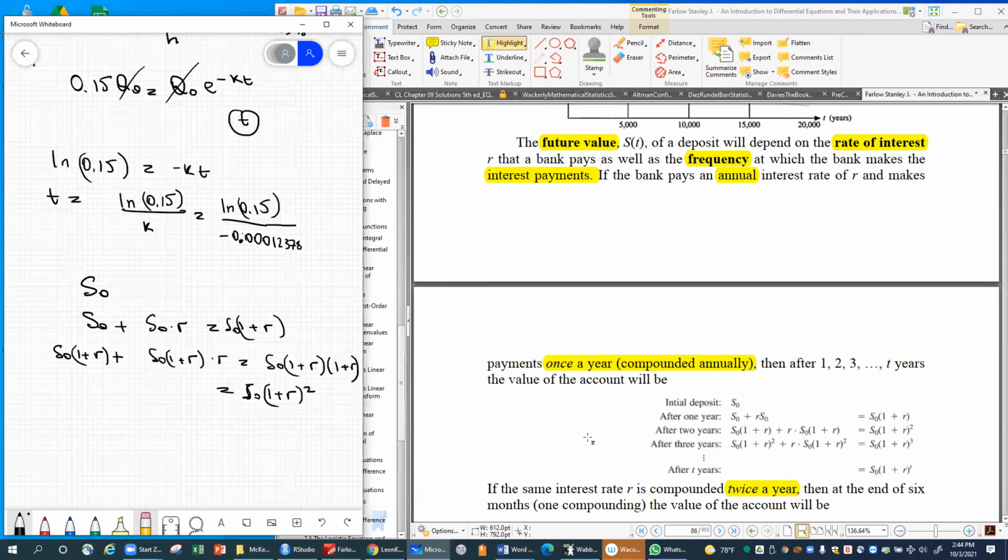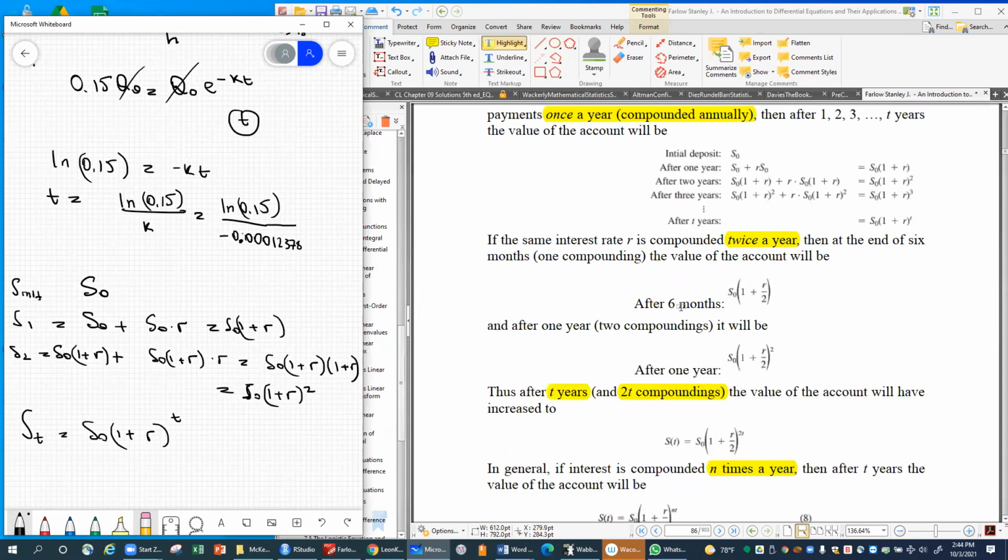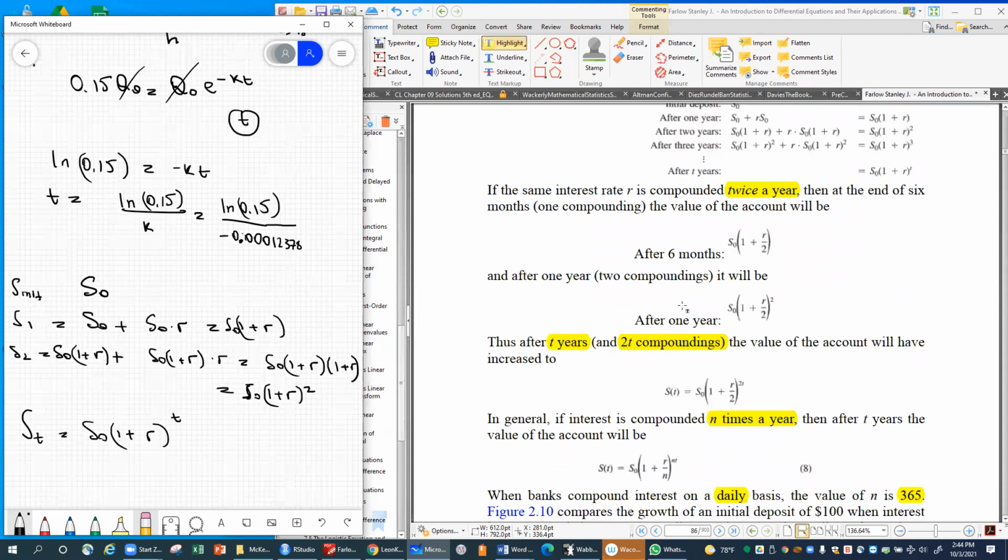And you can get the idea. This is the initial, after 1 year, after 2 years you have a square here, and you guess the general formula. After t years, S(t) is S0 (1 + r) to the power t, right? But what if you compound not once a year, but twice a year, or generally n times a year? You get this formula.